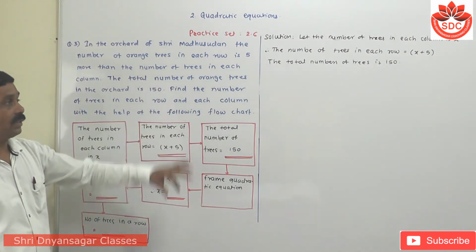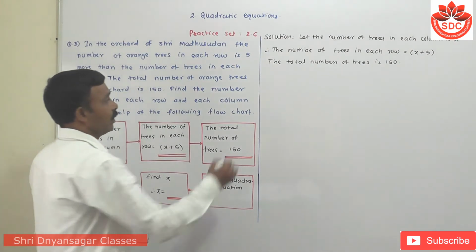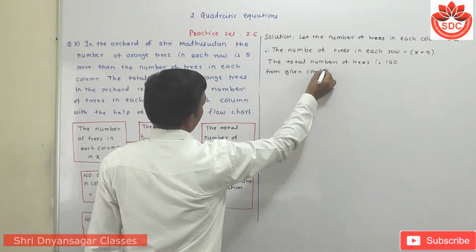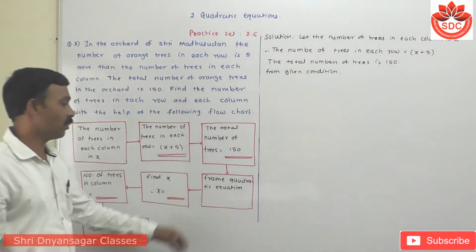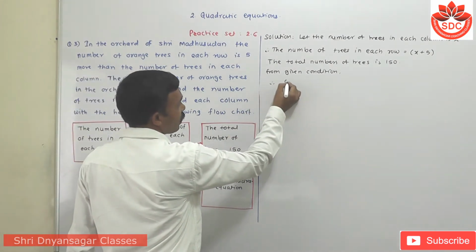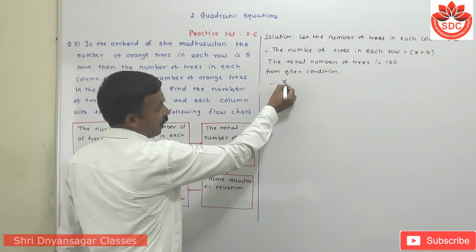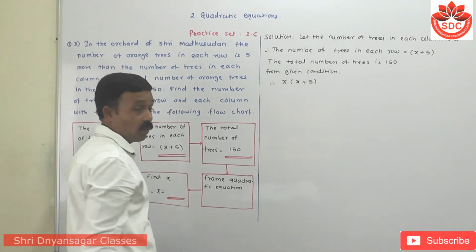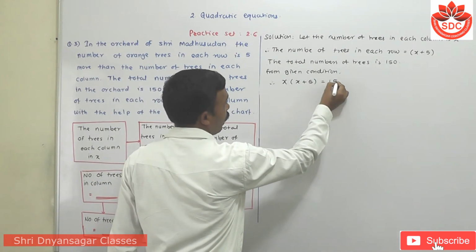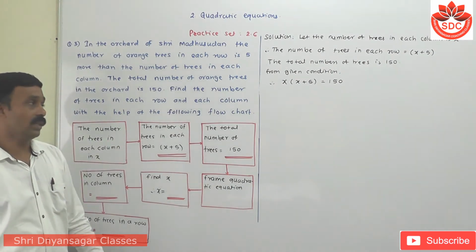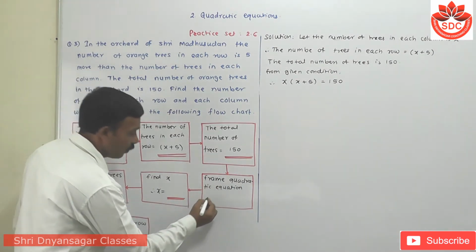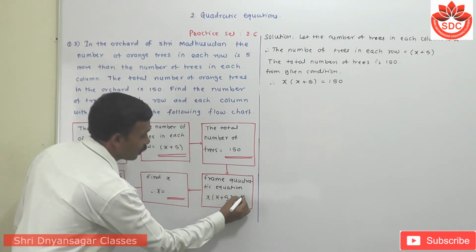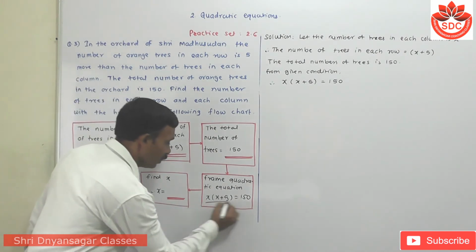From the given condition we write its mathematical expression. Here x trees are in a column and x plus 5 trees are in a row. We take its product, and the total number of trees is 150. Means the equation, the frame of the quadratic equation, is x in bracket x plus 5 is equal to how much? 150. This is our equation here.